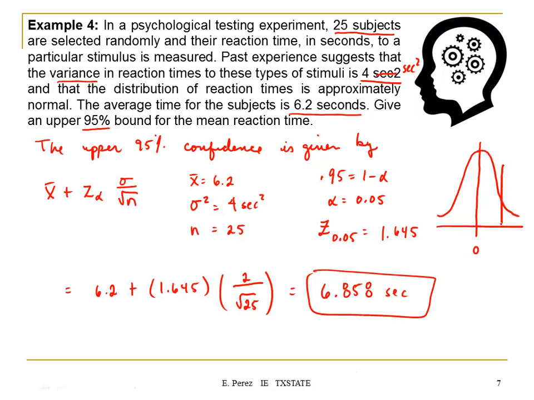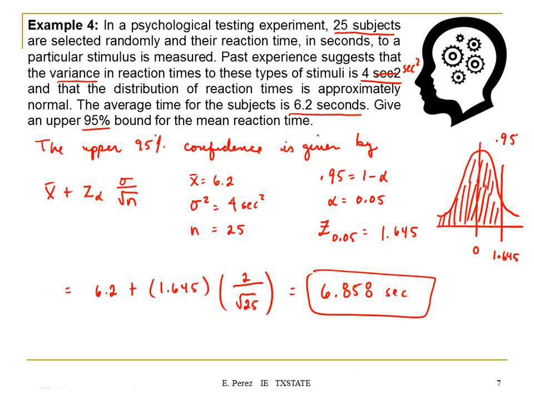If you want to have, let's say, 1.645 here, that's your z value. That z value corresponds to this area, and that area is 95%.